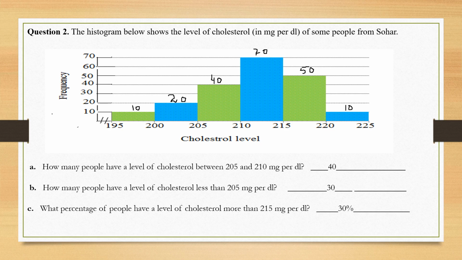Let's look at the first question. How many people have a level of cholesterol between 205 and 210? The answer is 40. So this is 205 and this is 210, and in total we have 40 people. Now, how many people have a level of cholesterol less than 205?